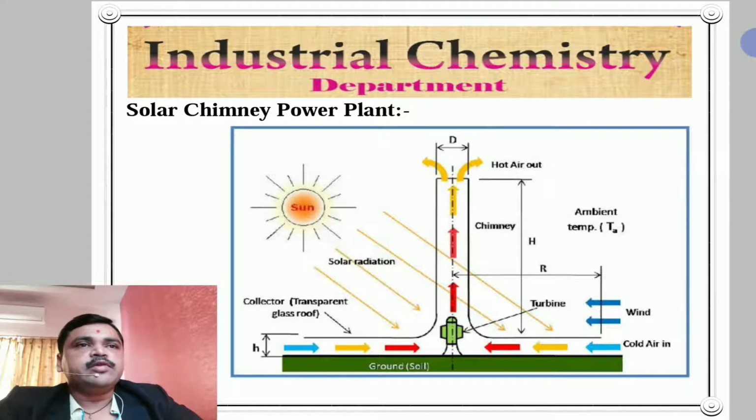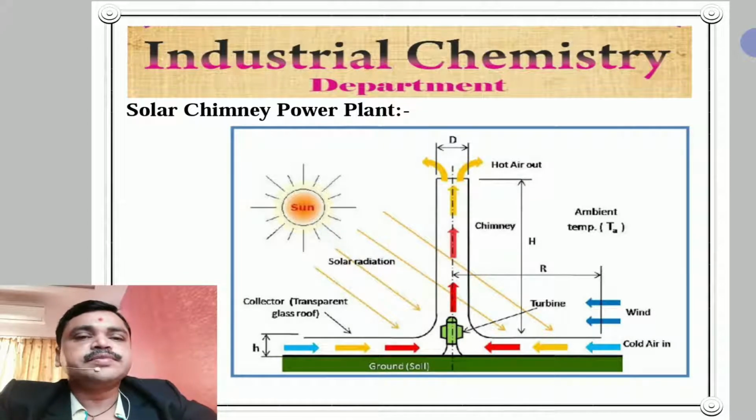Sunlight passing through the transparent cover heats the air trapped in the greenhouse, and a convection system is set up in which this air is drawn up through the central chimney, turning a turbine located near the base of the chimney. The hot air is continuously replaced by fresh air drawn in at the periphery of the greenhouse.